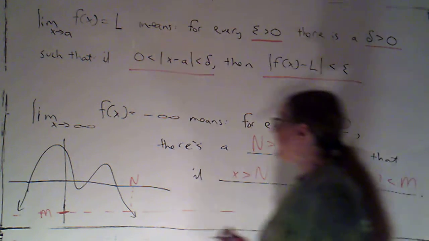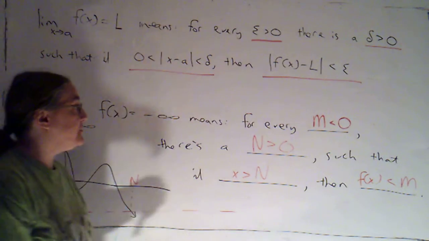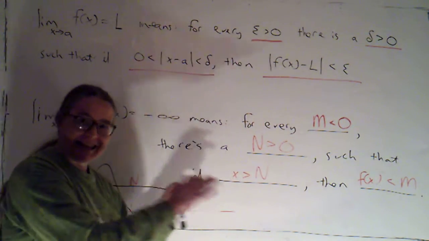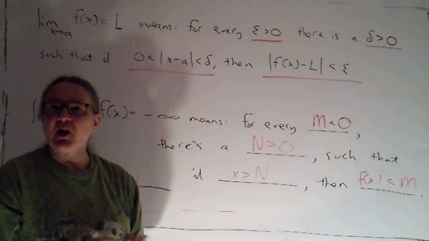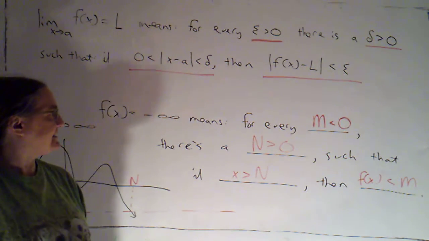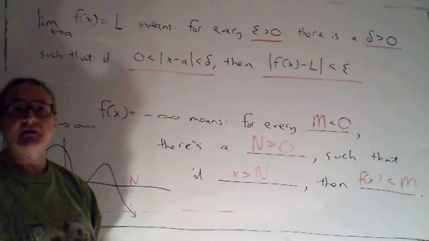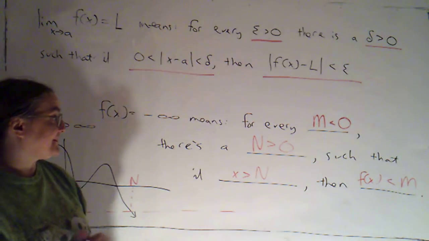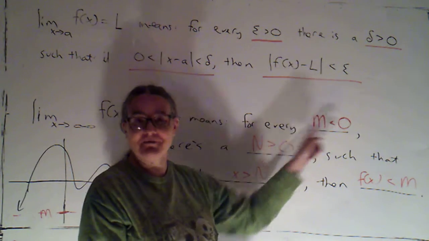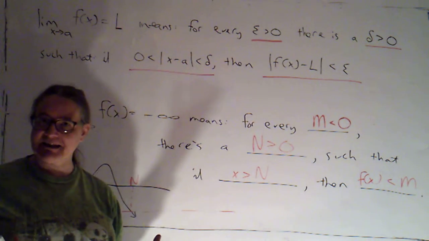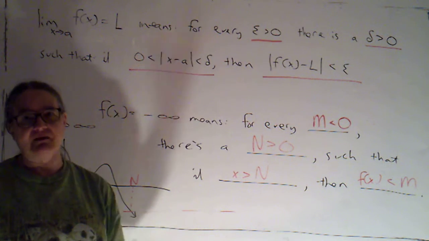Okay. Again, I'm not super concerned that you use m for the y's and n's for the x's. That's what our book does, so I'm going to try to be consistent there. But it's not as standard as the epsilons and deltas are. What is important is that you've got to have two different letters. You can't use the same standard of bigness for the x and the y values.